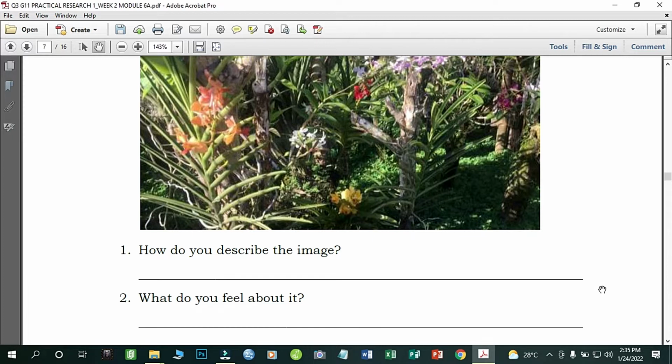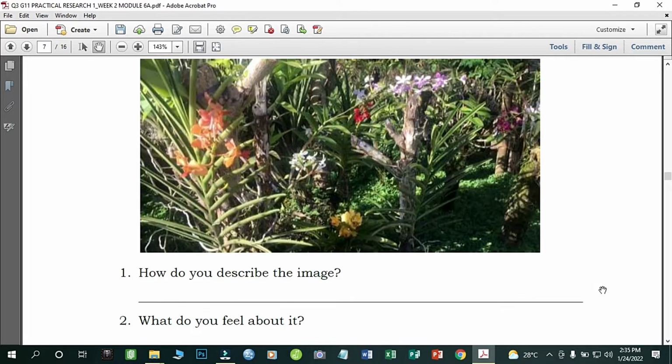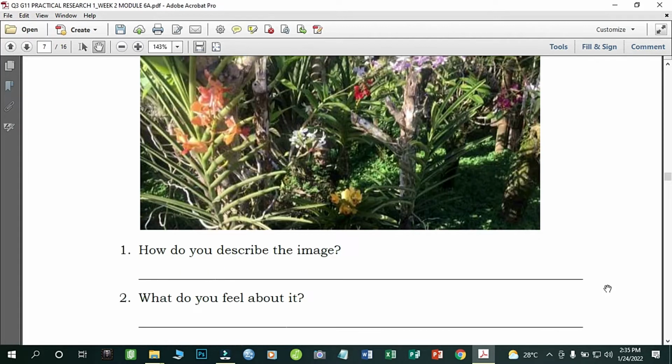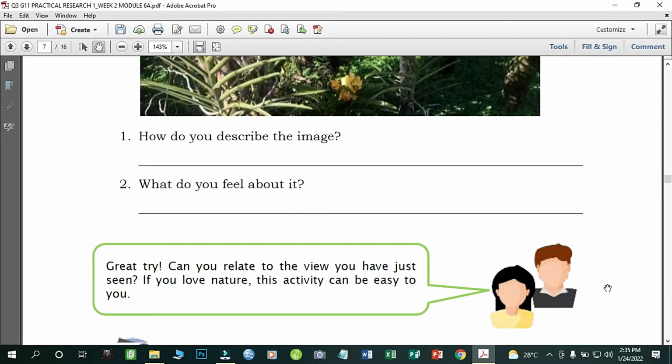Maybe you are happy because you are able to see a flower, or you feel relaxed, feel motivated, or it gives you interest to have this also in your garden. Those are your possible answers.